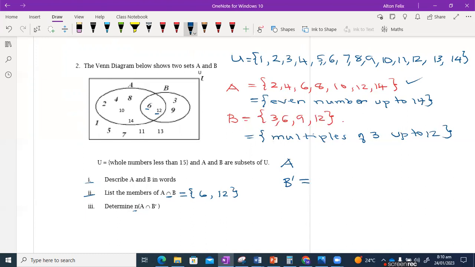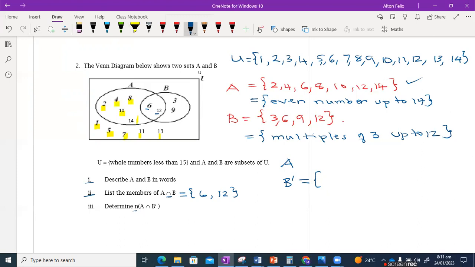B complement means all those members outside of set B. So if we look at this carefully, it will be all these members: 2, 4, 8, 10, 14, 1, 5, 7, 11, and 13.